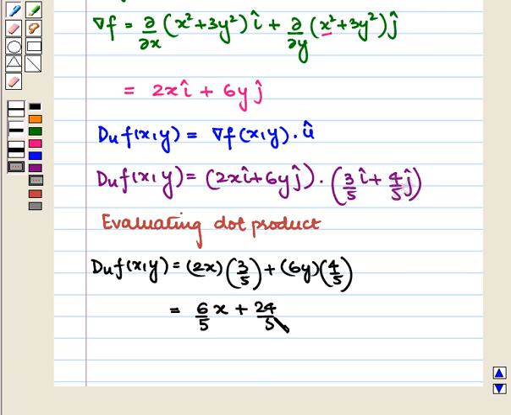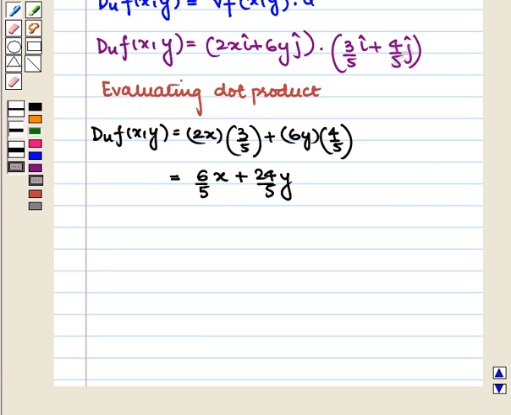plus 24 by 5 y. Now we have to find the directional derivative at the point P (1, 1). So we will have to put x is equal to 1 and y equal to 1 in directional derivative.